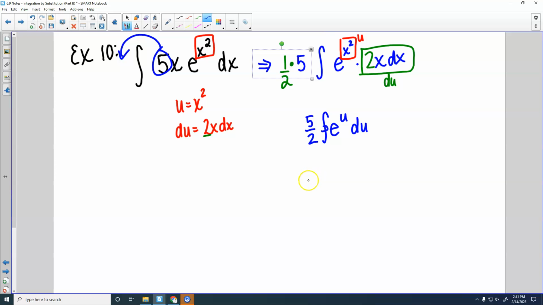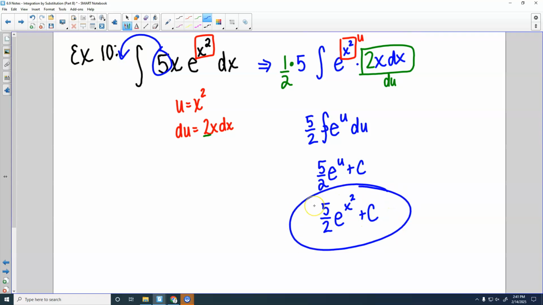Almost left off that integral there, because when we integrate, what do we get? E to the u. If I had forgotten to write that step, graders probably would have assumed I knew what I was doing and just skipped writing it, right? So I get 5/2 e to the x squared plus c as my answer.